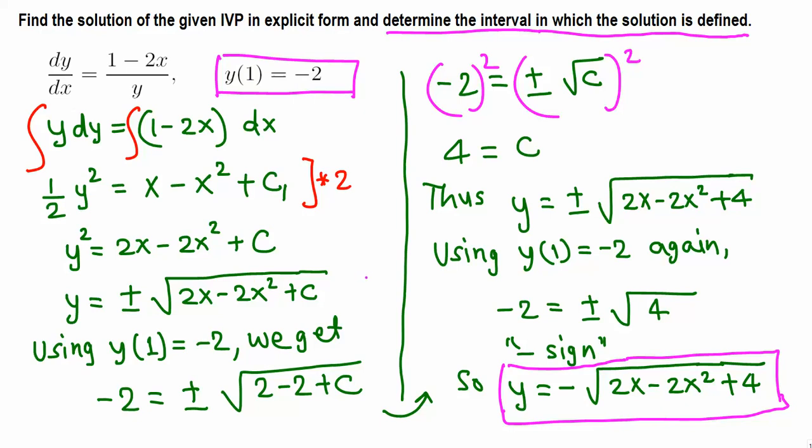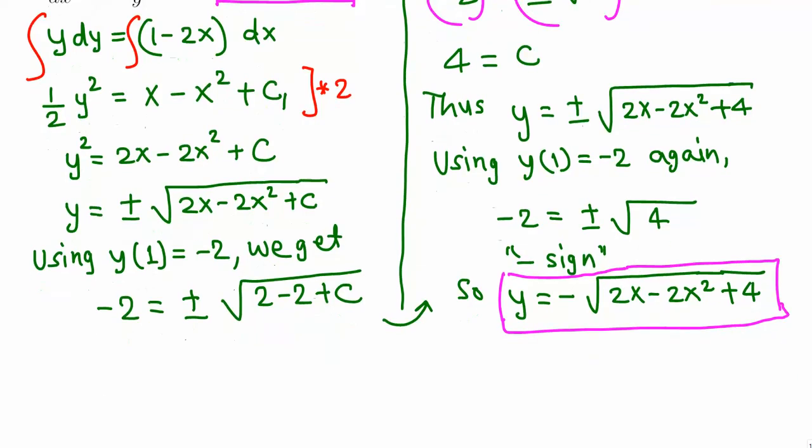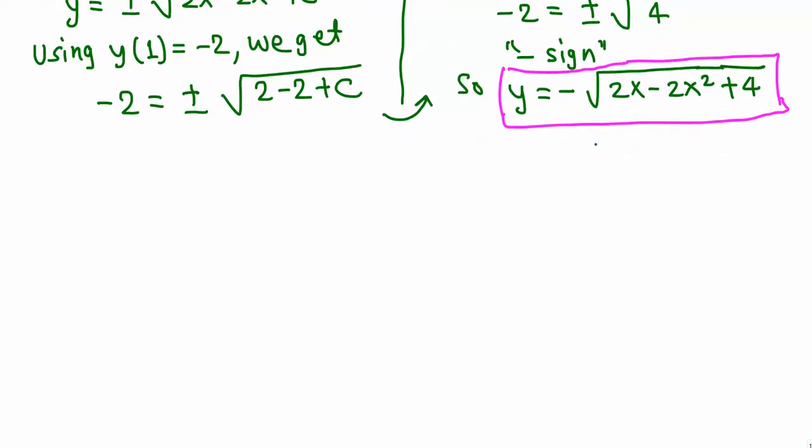First, notice that from the given question, dy over dx equals 1 minus 2x over y, because we are dividing by y, so y cannot be equal to 0. There is one restriction, so y cannot be equal to 0. Now we want to find where this solution is defined.